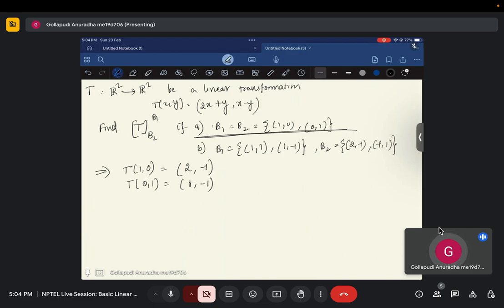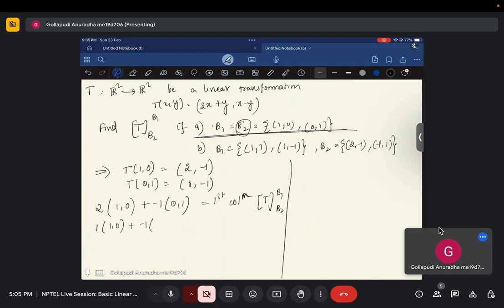And we'll be doing the linear combination for basis 2. So this will be my first column, and similarly this will be my second column.